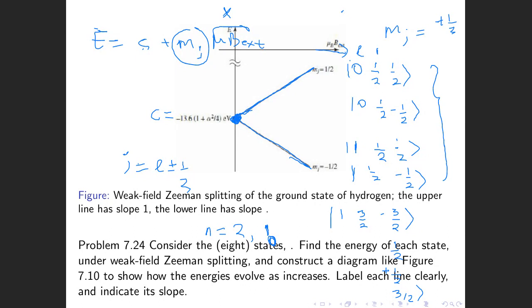And remember, you want to draw a diagram similar to this one. You want to see how this degeneracy actually gets lifted when n equals 2. So you have 8 states, and for each state, you first have to remember that the total energy, as in this diagram, will come from fine structure and also the Zeeman effect.